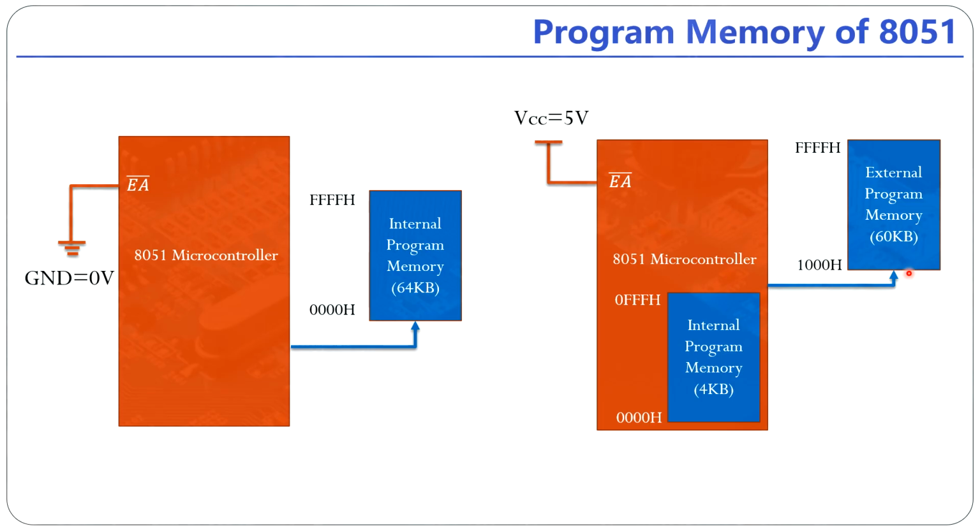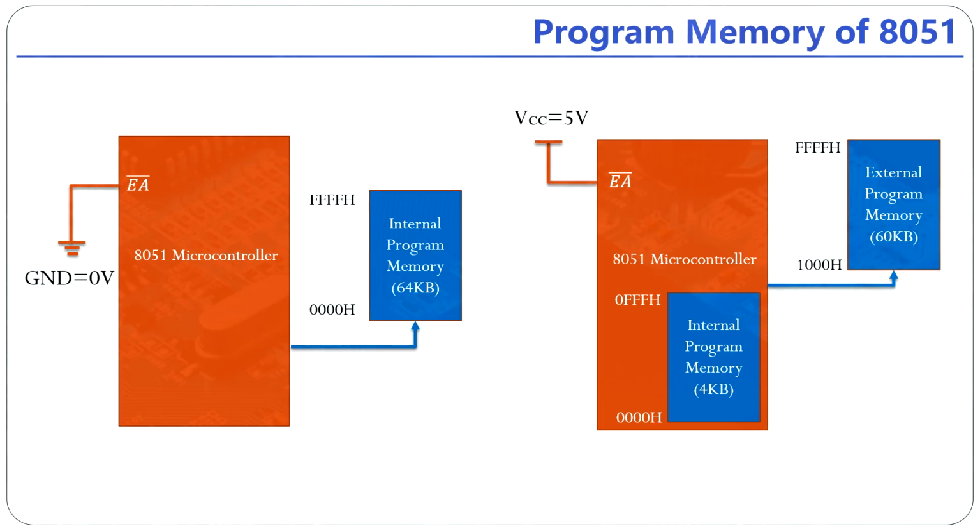Okay. The location of this is 1000H to FFFFH. Okay. So now we can see the internal versus external program memory in the 8051 microcontroller, right?